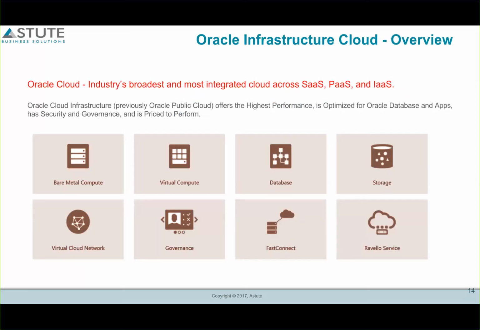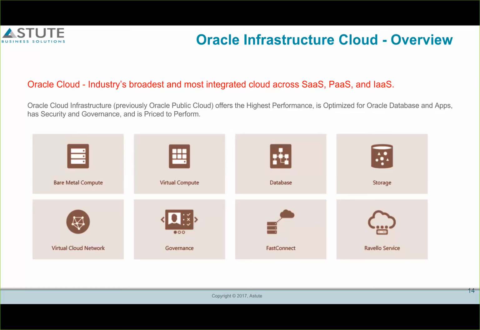Now, here are some of the components of Oracle Cloud Infrastructure. You have bare metal compute, which is the physical server that you have control over and access to that you can partition and use for your various workloads. You have virtual compute that can take that bare metal capacity and virtualize it for your various workloads. You have database on cloud. You have storage services. You have high-performance storage.